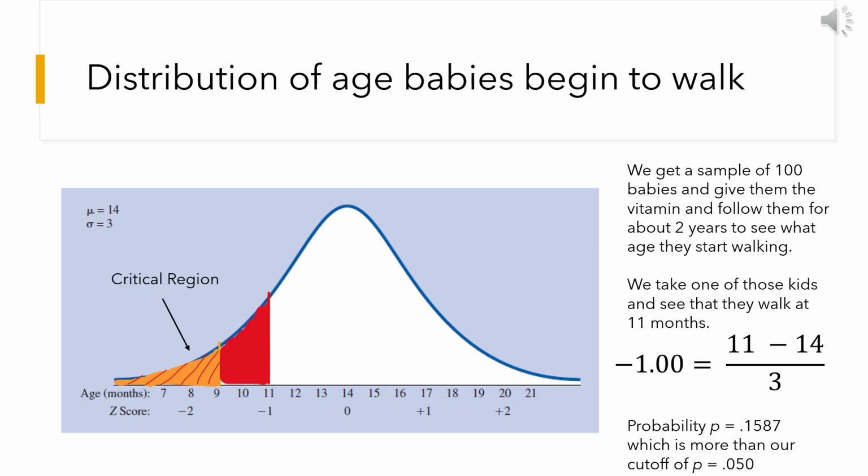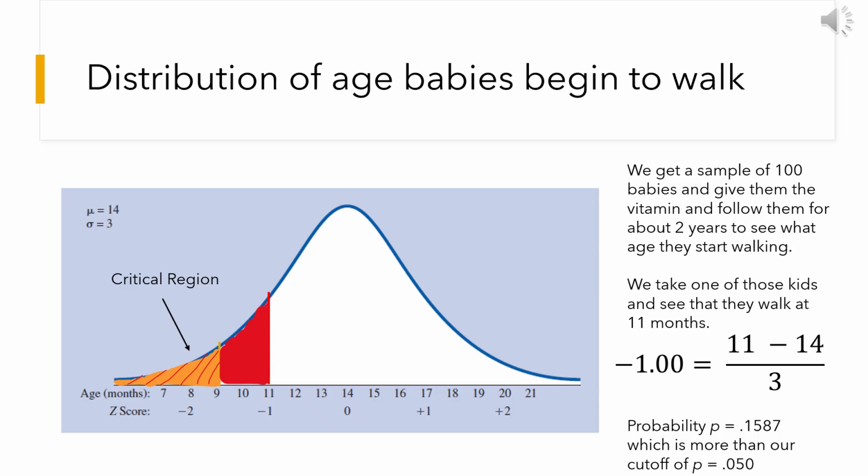So there's actually a 15.87% chance that you would see a child walk at 11 months if the null hypothesis was true. So it's actually pretty likely that you would see a child start walking at 11 months if in fact the vitamin didn't do anything.